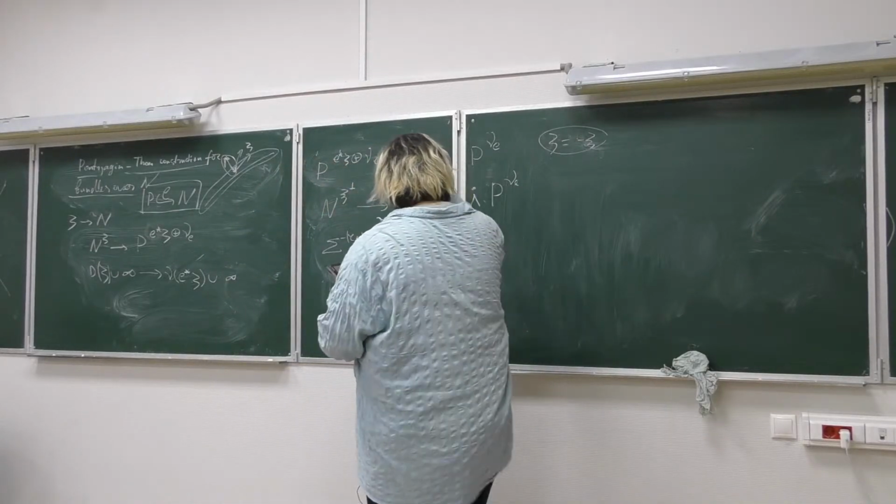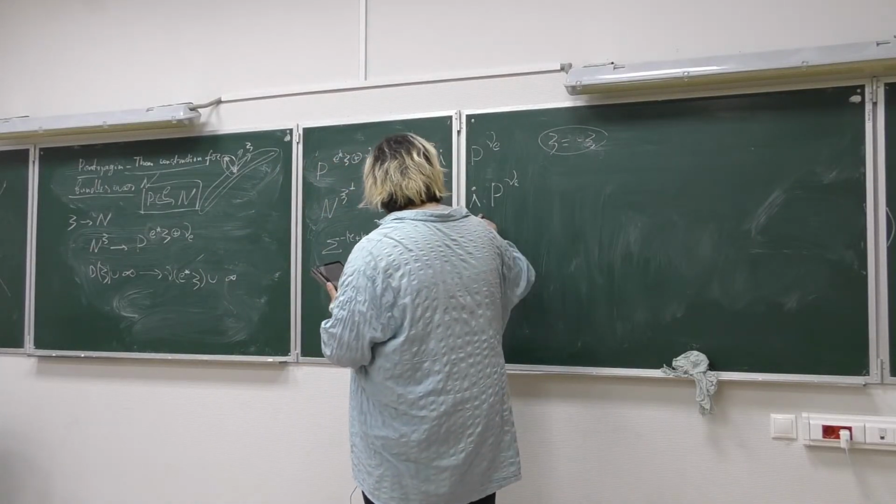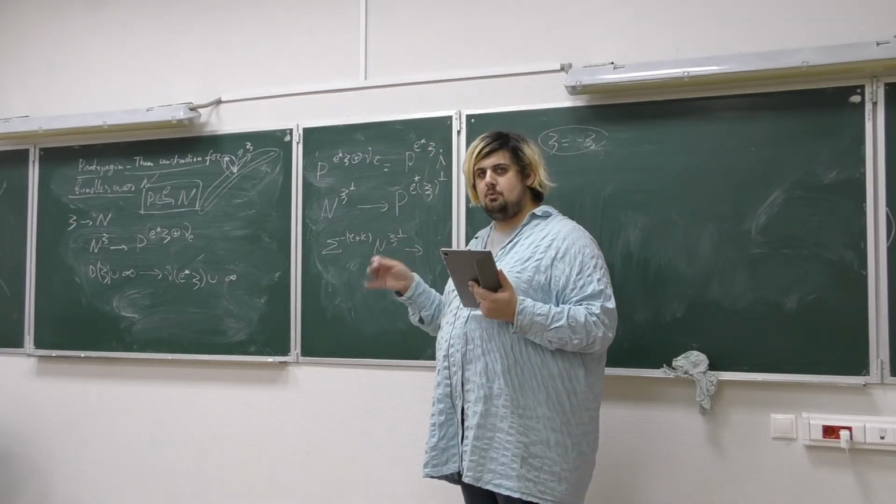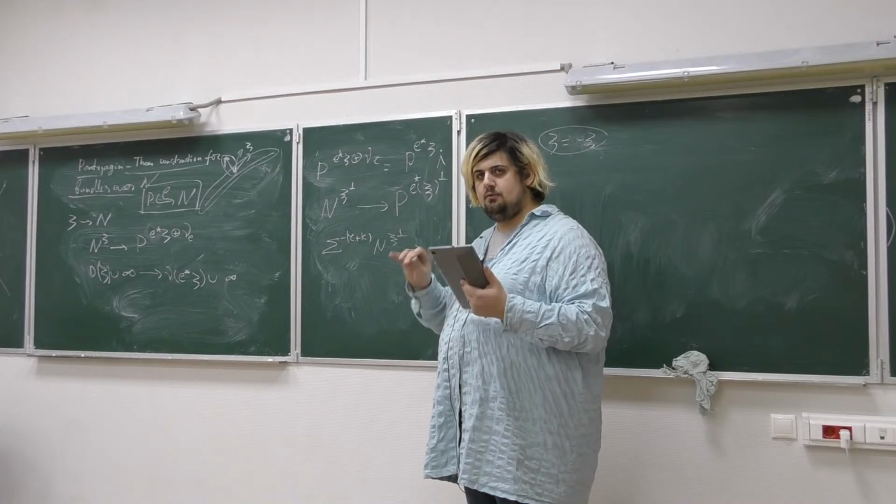And so the point was that we can desuspend it. Since we have a smash product, the suspension can be applied to just one factor instead of the whole thing.